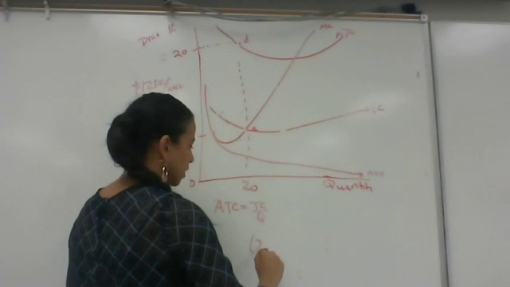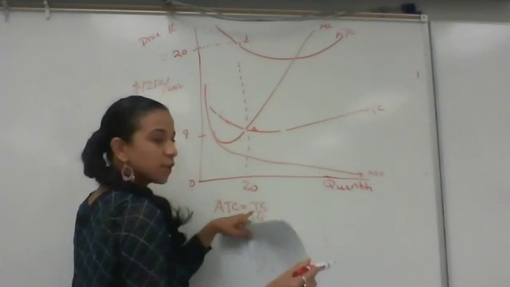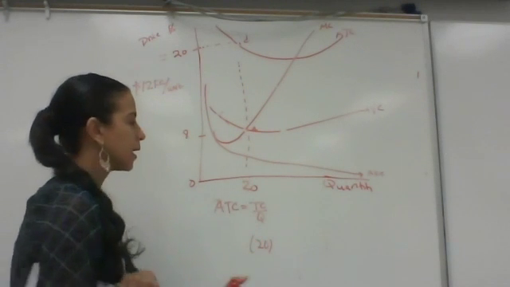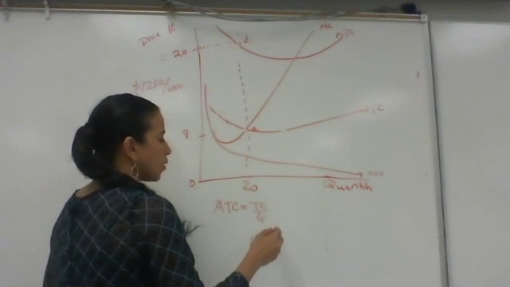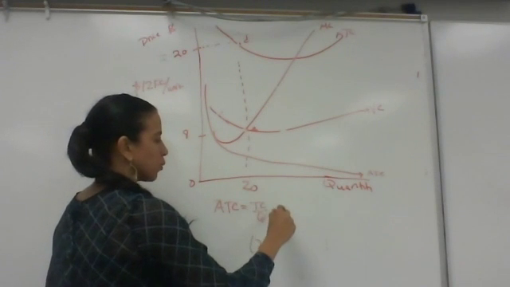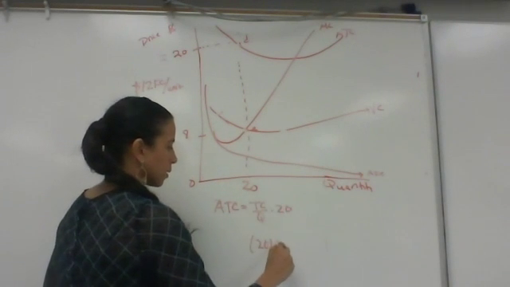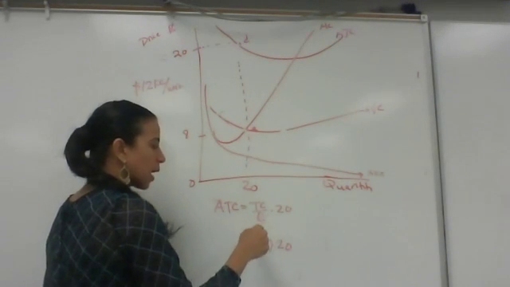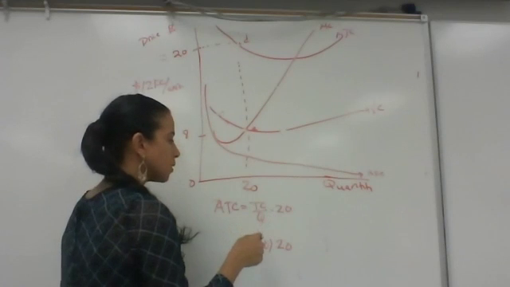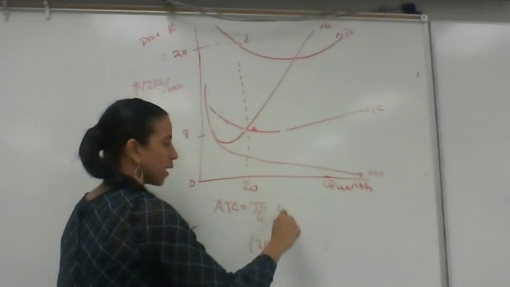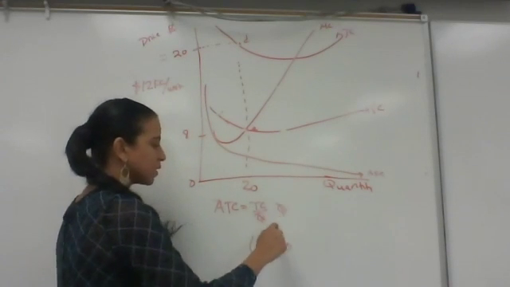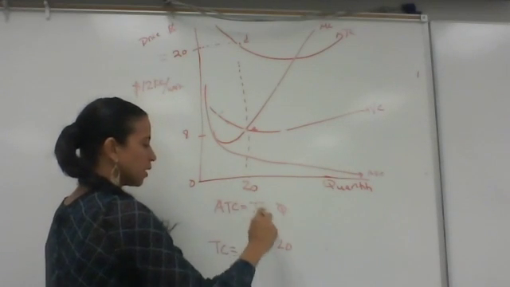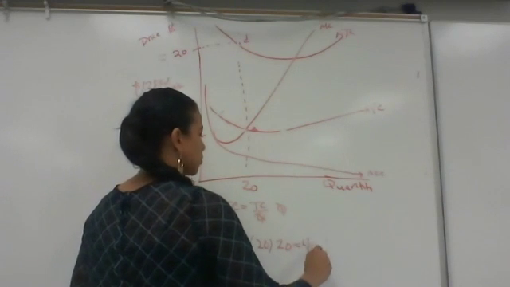So if I put in a 20 here, that's my average total cost curve, which is TC over Q. If I multiply it by the number of units, 20, these two will cancel, I will get my total cost. Because if I multiply TC over Q by Q, the Q's cancel out and I'm just left with total cost. So my total cost for producing 20 units is going to be equal to 400.